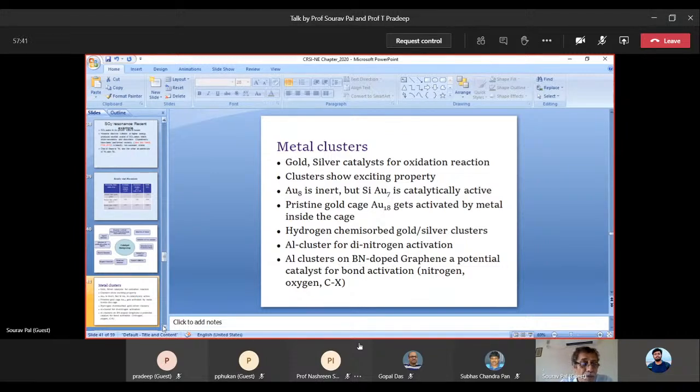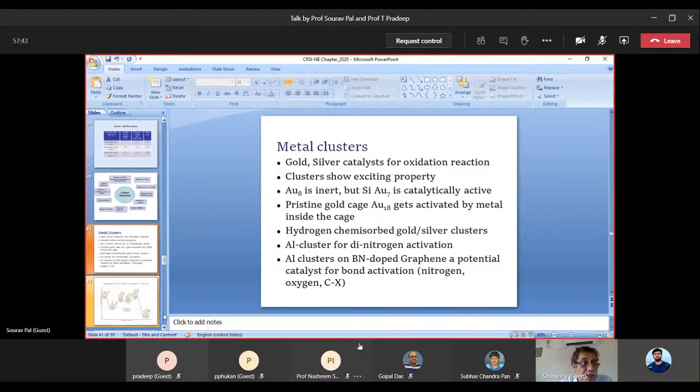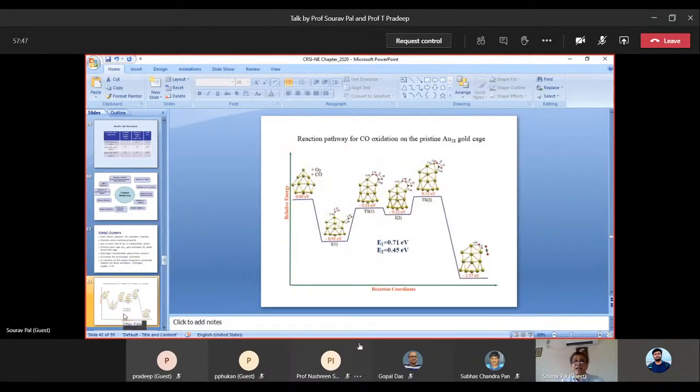So I'm going to show very quickly some of the results because it's very difficult to look at all the results. So this is, for example, the pristine Au18 gold cage. I have taken CO oxidation as a model example on this gold cage cluster. If you look at this, this is a complete reaction pathway. It's extremely difficult to do, I can tell you. So this is CO, oxygen and the Au18.